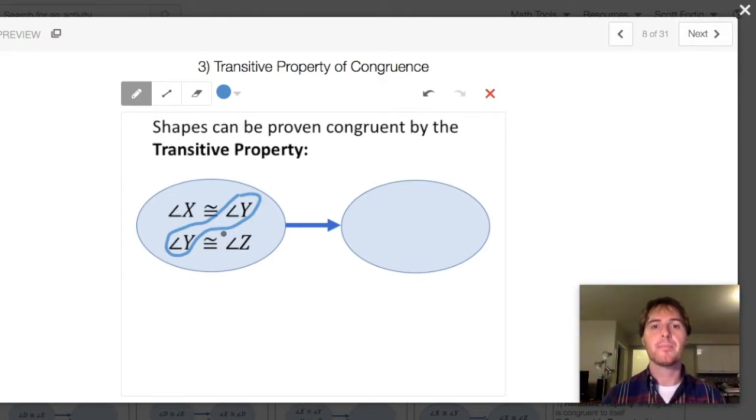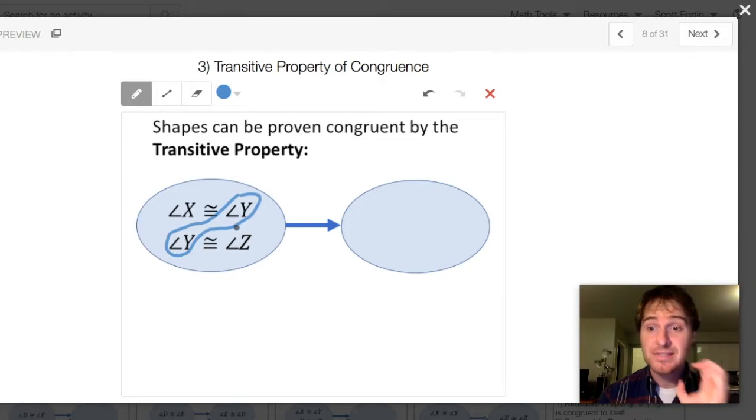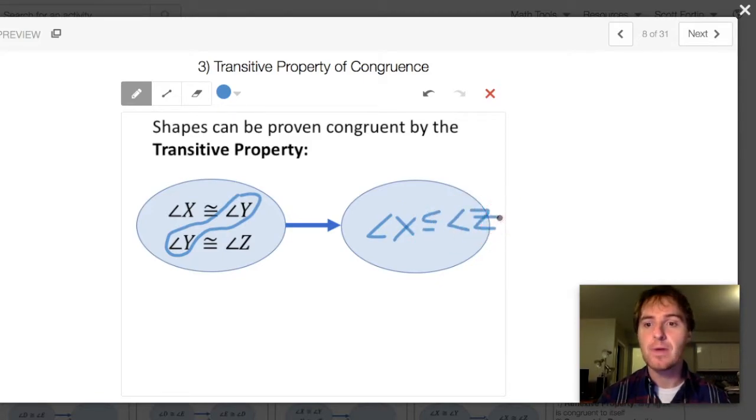Let's agree to something that we can proceed with math and make a statement based off of this. That's a brand new statement of congruency. What's the brand new statement of congruency that you think is super logical that you can jump to? Well, that is angle X is congruent to angle Z.